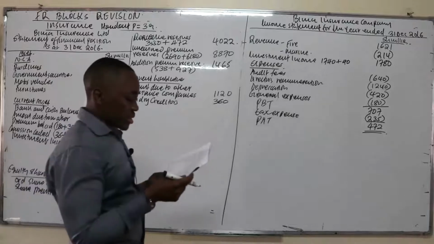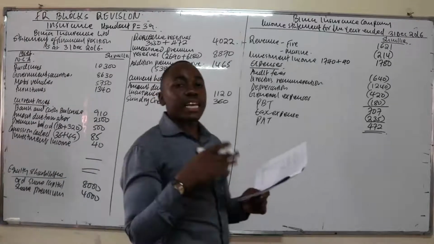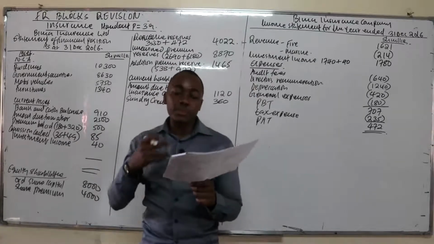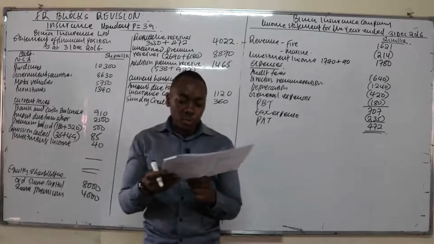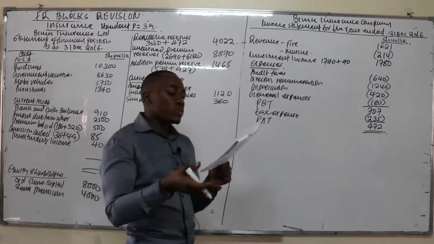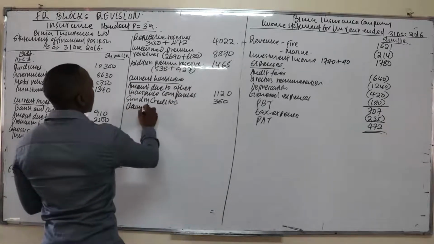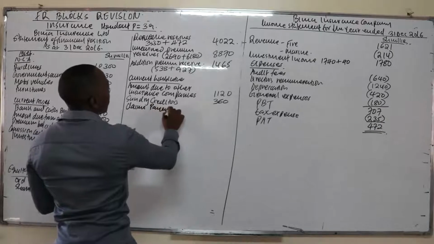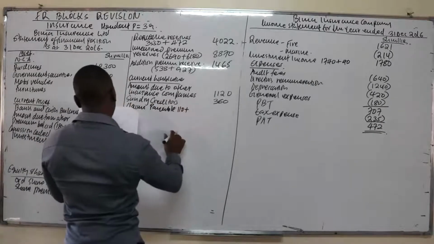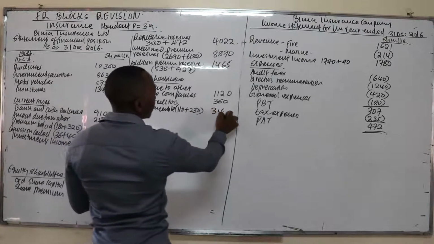Then remember we said that claims are expenses, but we have claims we have not yet paid by the end of the year. That is courtesy of note number 2. You're told that claims outstanding are not accounted for in the books by the end of the year. So we have claims payable, and we have not yet paid 110 and then 230. So that is 340.